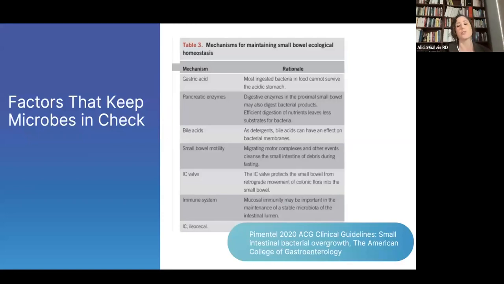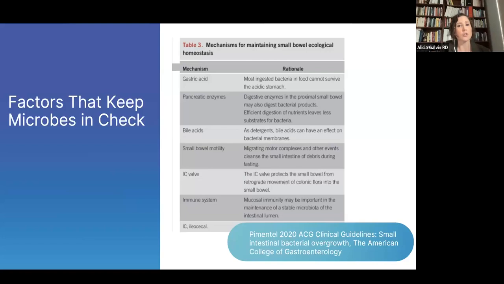Now, as we start to go into our stomach, pancreas, liver, and some of the accessory organs, let's just remind ourselves of the various digestive factors that keep microbes in check. So we have our gastric acid, which is really acidic to help neutralize any microbes. We have pancreatic enzymes, which also have antimicrobial activity. Bile acids, which do the same, small bowel motility, our ileocecal valve, and then the immune system.